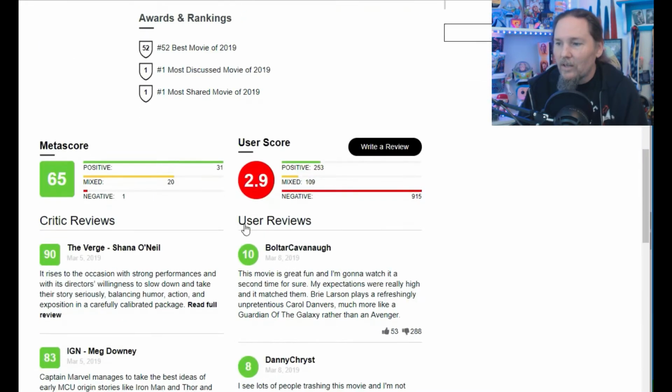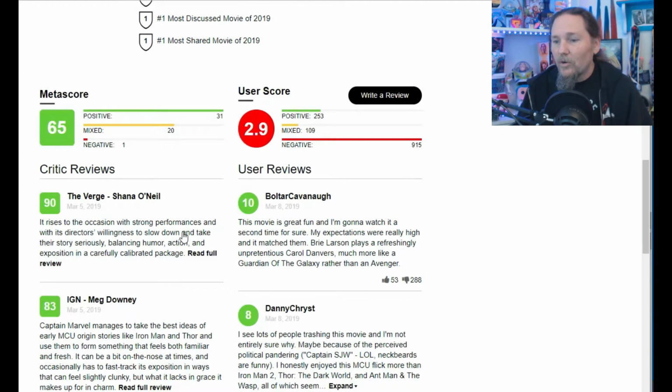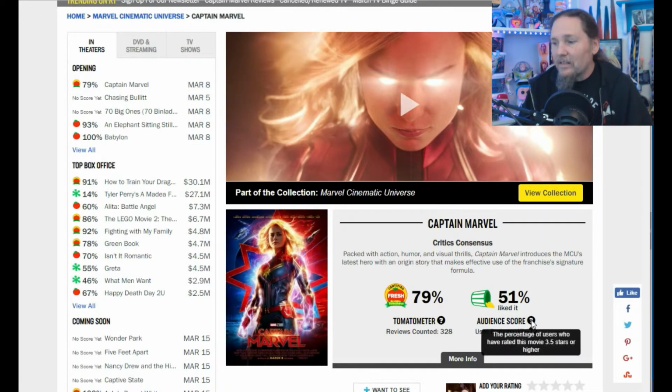I mean, they're going directly off of, and this is the other difference, right? This could be directly off of the rating. When you rate this movie, you're actually putting in how many, a 1 to 10 rating you want, and that's just an aggregate of those ratings. This is a percentage of users who have rated this movie 3.5 stars or higher.